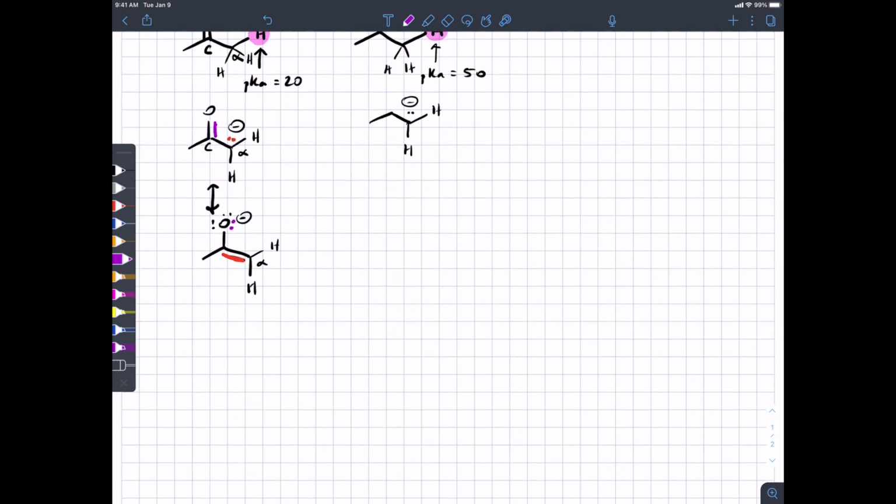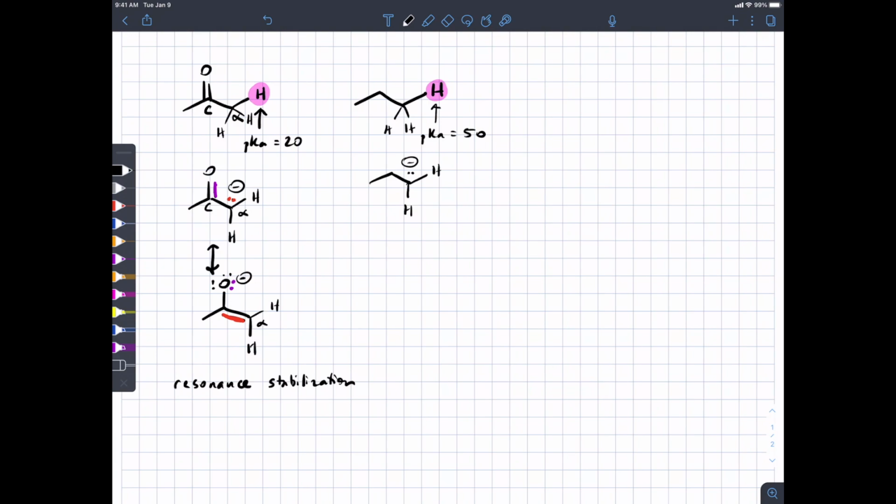So resonance delocalization, as you know from 351, spreading out of a negative charge through space via resonance is favorable and makes the conjugate base more stable than just a localized negative charge.